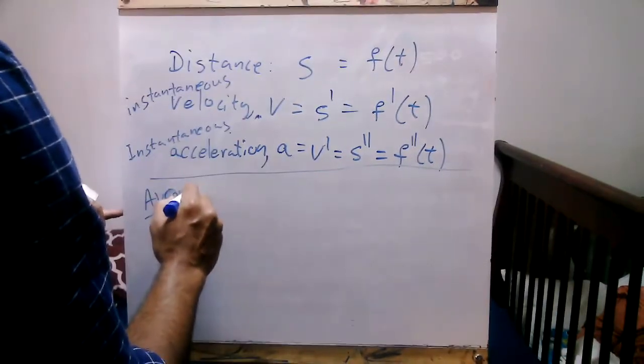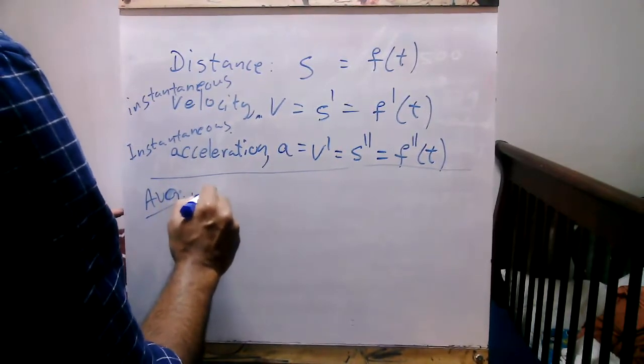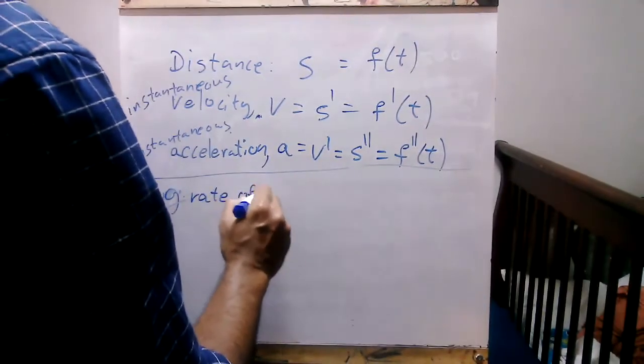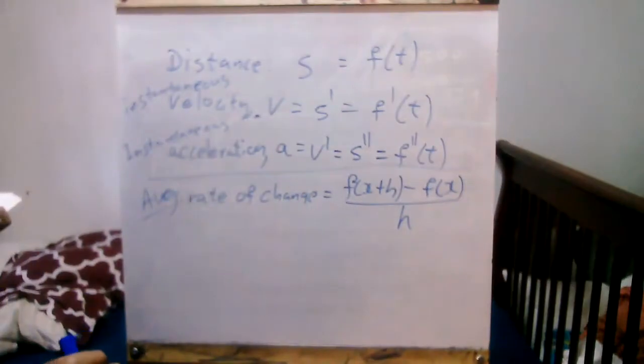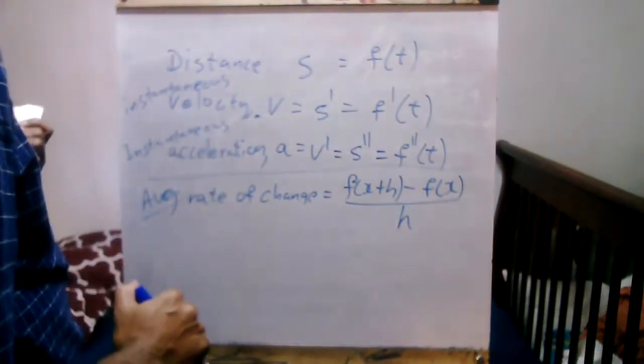The average rate of change is given by the function f of x plus h minus f of x divided by h. This is the average.